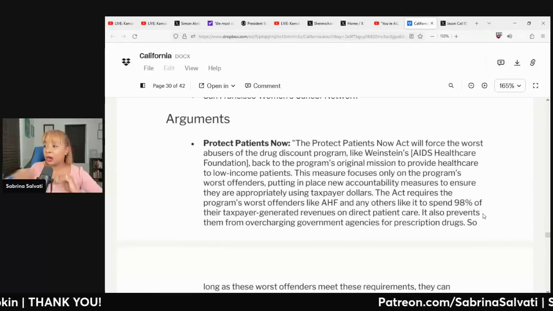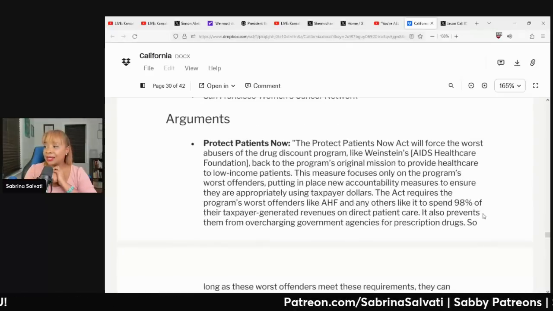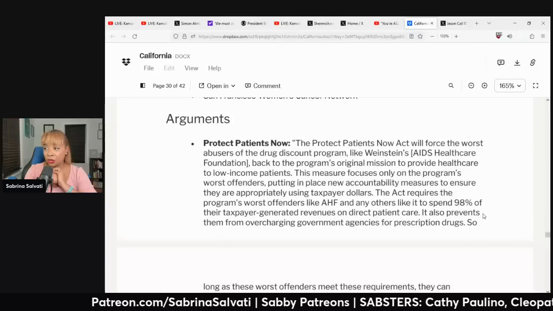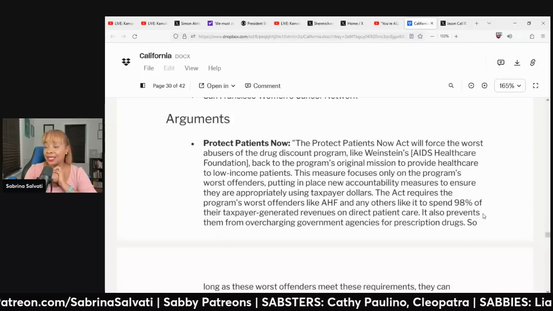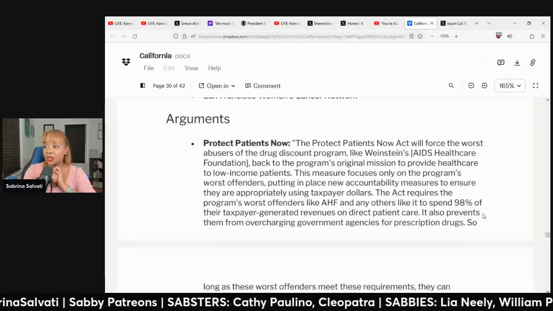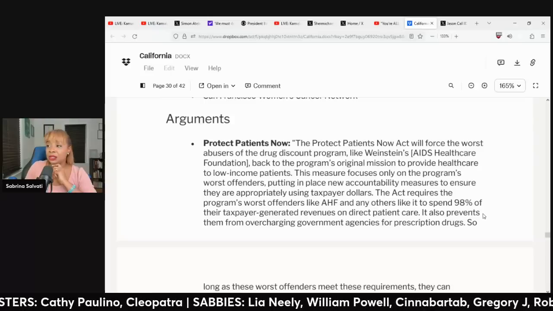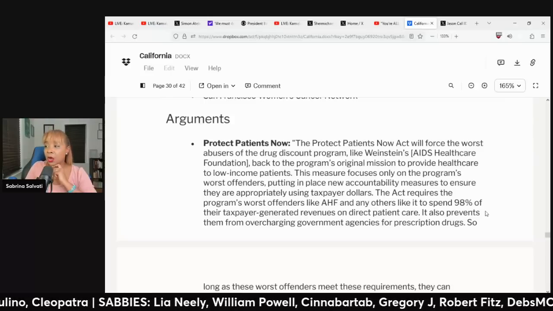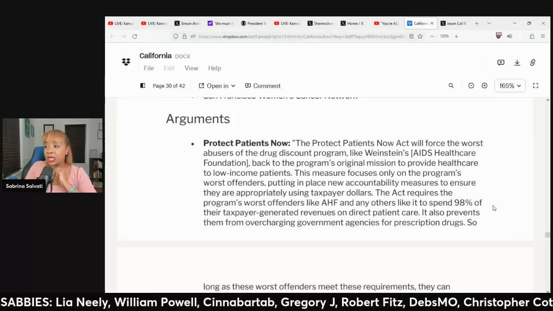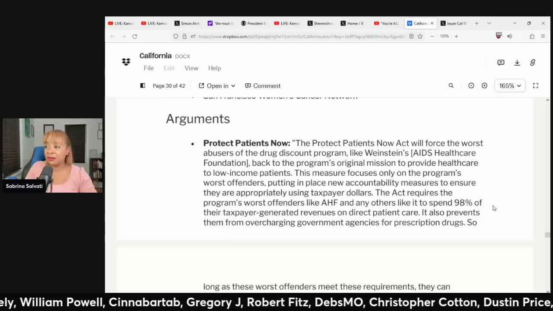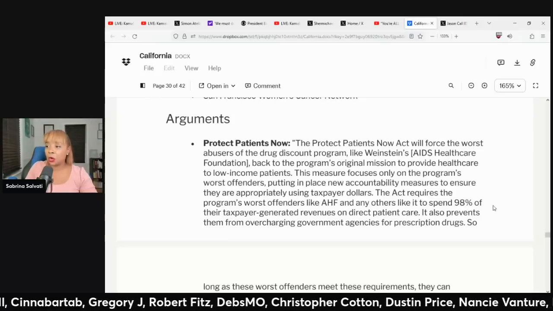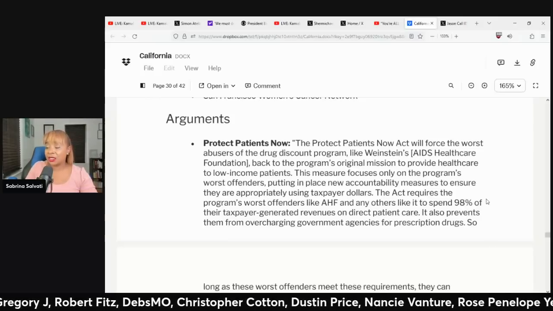And here's one of the arguments. The Protect Patients Now Act will force the worst abusers of the drug discount program, like Weinstein's AIDS Healthcare Foundation, back to the program's original mission to provide healthcare to low-income patients. This measure focuses only on the program's worst offenders, putting in place new accountability measures to ensure they are appropriately using taxpayer dollars.